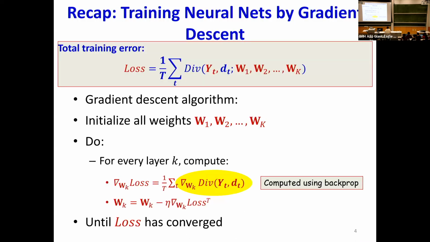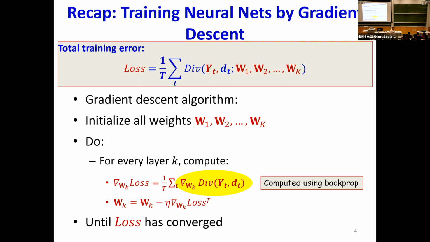So here's how the whole thing was set up. We defined a loss function, which is the average of the divergence between the actual output of the network and the desired output of the network in response to any input. This is averaged over all inputs. This loss is a function of network parameters. So the gradient descent algorithm proceeded as shown.